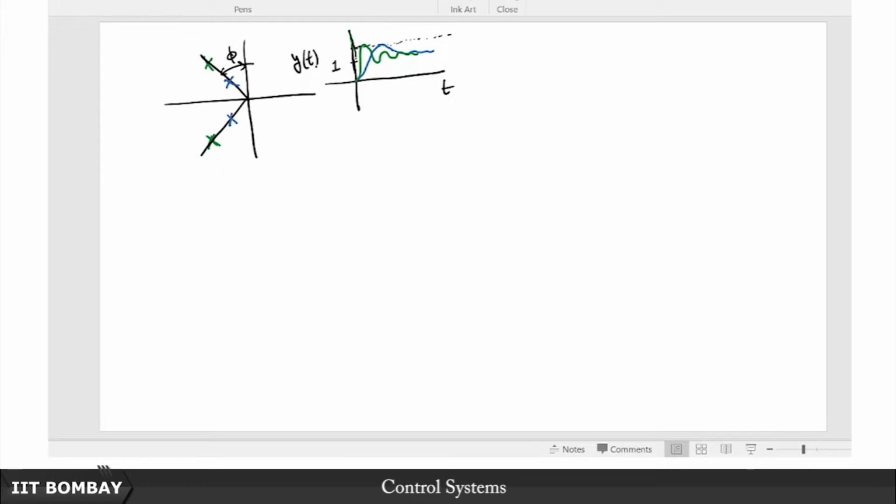If you want to draw the envelope, this is how the envelope of the green system would look, something like this, and the blue system's envelope would be slower. So a lot of these things can be inferred just by qualitatively looking at the relative locations of the two poles. So that is the first observation we make about this.